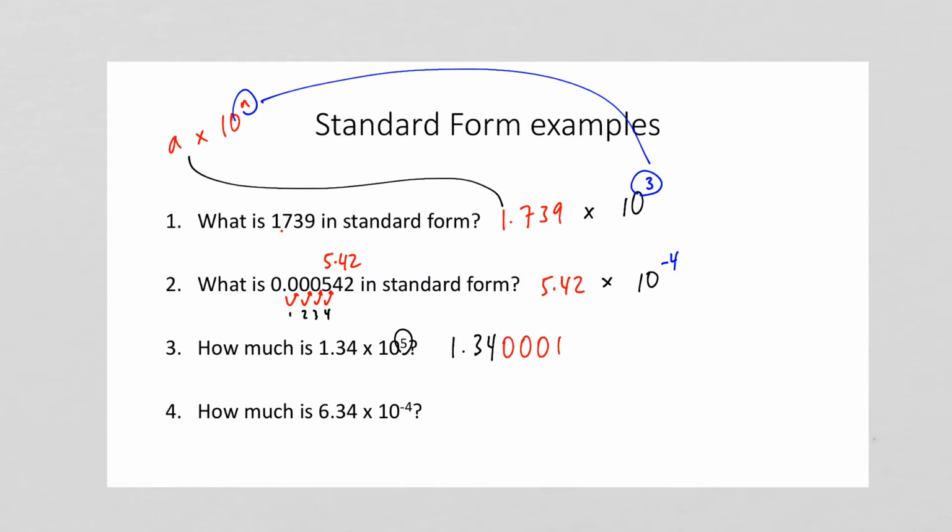They don't mean anything because they are after a decimal place. If you add numbers to the end of a number after the decimal place, it doesn't change anything. This is just so that we can see how many times we have to move our decimal place. So we're going to move it 5 times. So 1, 2, 3, 4, 5 times.